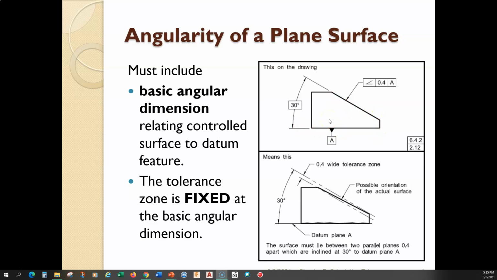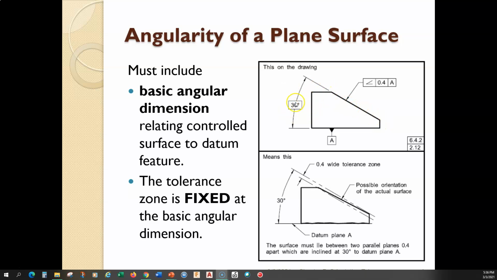One of the things that is imperative with angularity tolerances is we must include a basic angular dimension, which links the datum reference to the surface that we're trying to control.